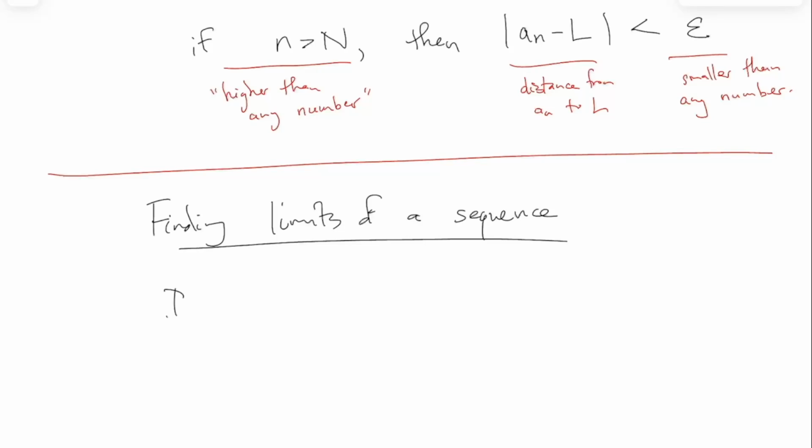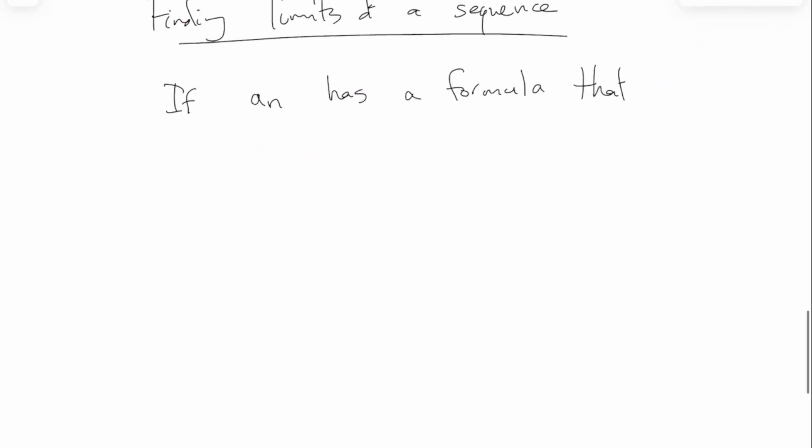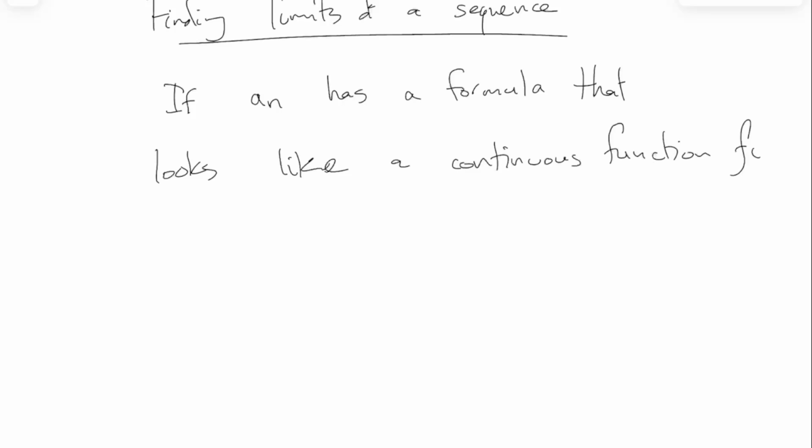So if an has a formula that looks like a continuous function f of x, I'm talking about, like, n minus 1 over n.